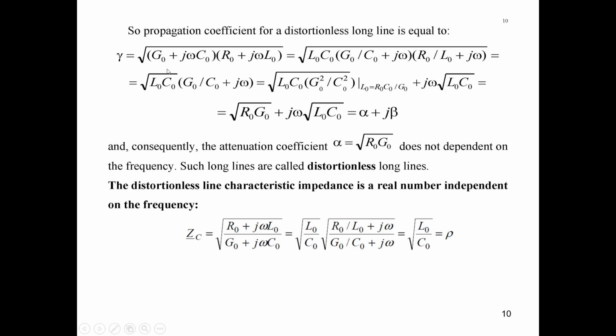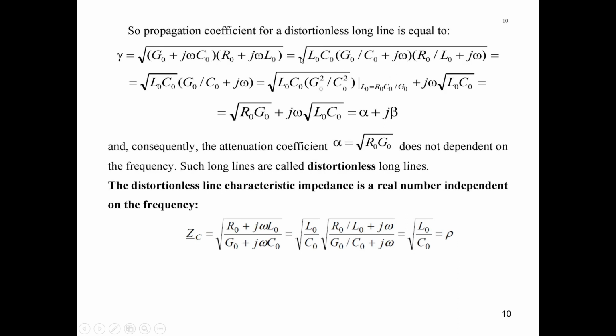We can put the coefficient L0 C0 before the brackets, and in the brackets it will be G0 over C0 plus j omega, because C0 and this C0 will be cancelled. It will be just j omega.